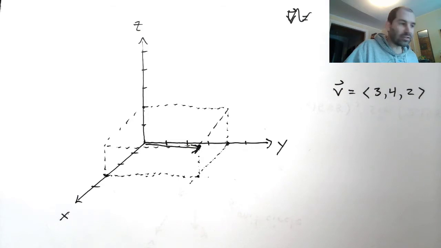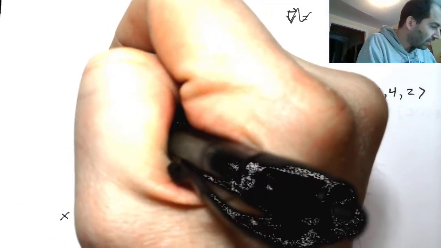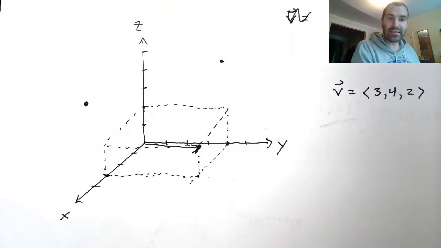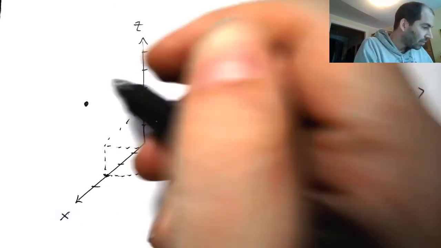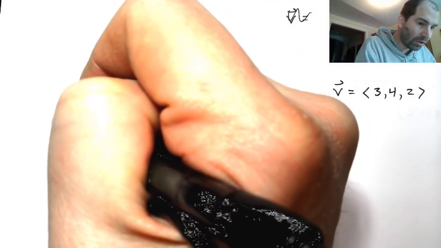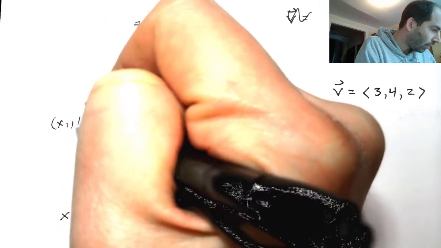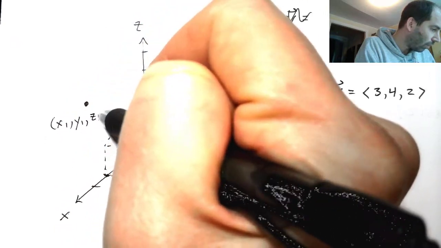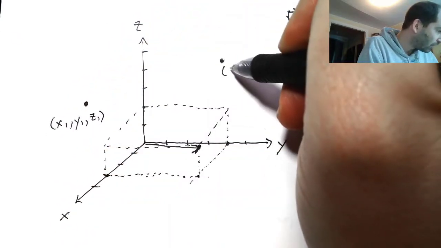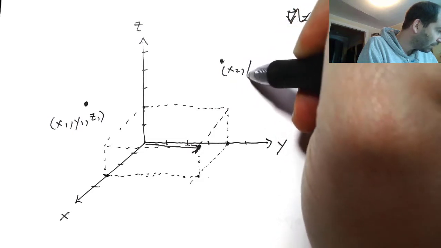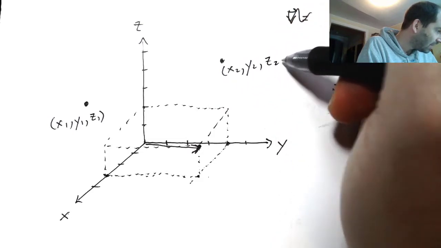Okay, what are some other things we talked about? We talked about distance. Well, how does distance work if I take 2 points in space up here? Suppose this is point 1, so it has coordinates x1, y1, z1, and this is point 2, so it has coordinates x2, y2, z2.